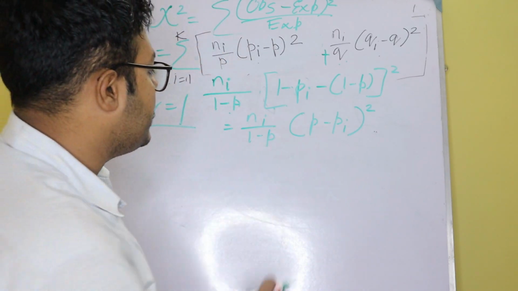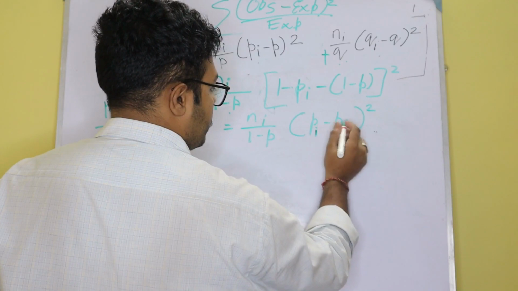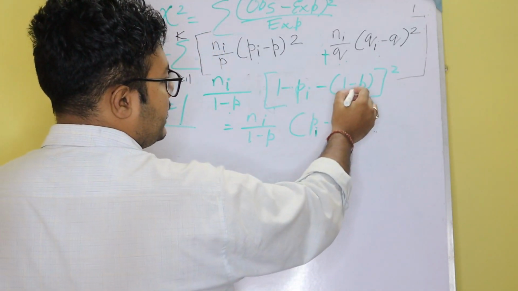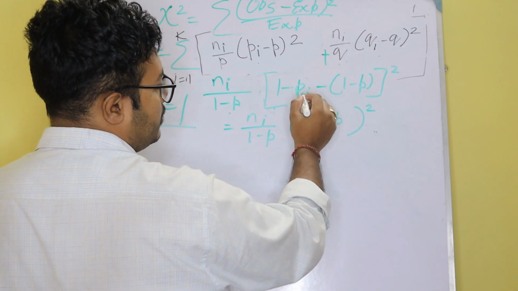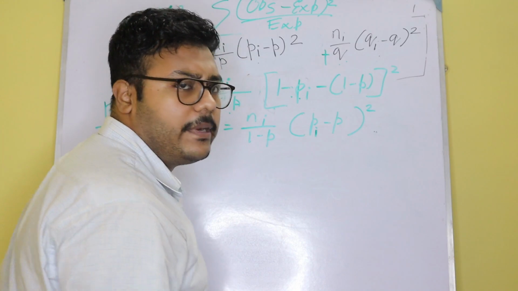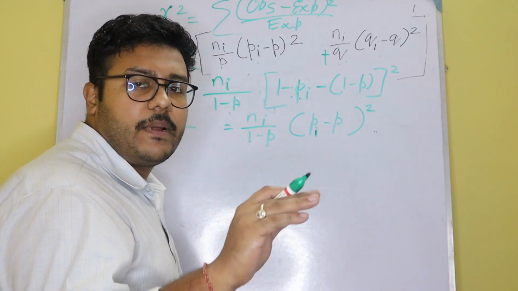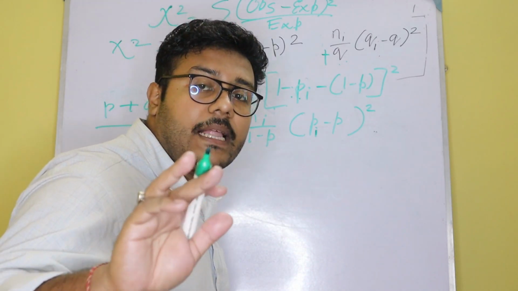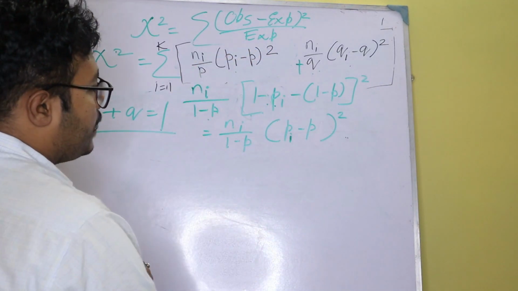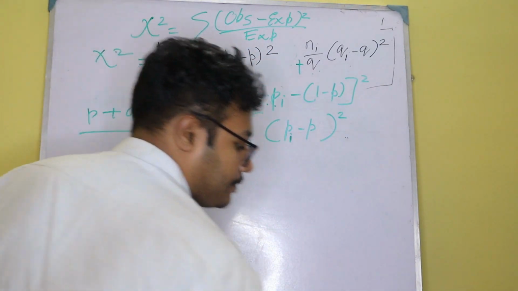So I have taken this value. See here, if I take minus 1 in common, it will give minus 1 raised to the power 2, it will give plus 1. If I put these two values in this expression, what will I get?